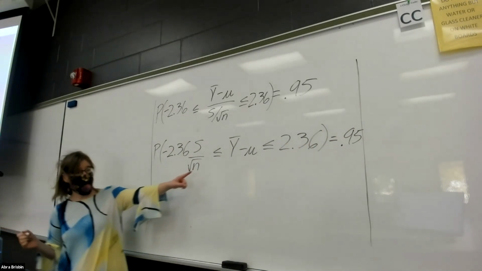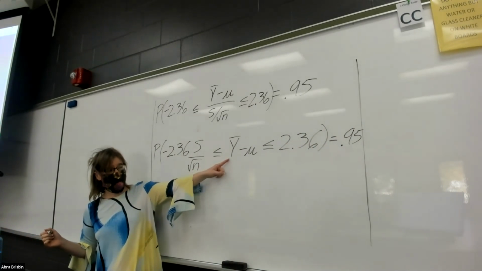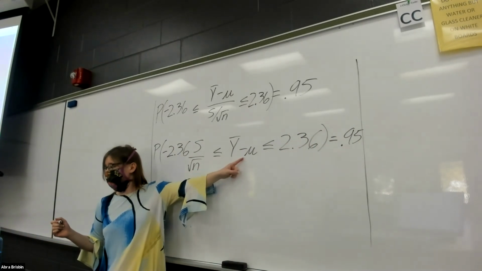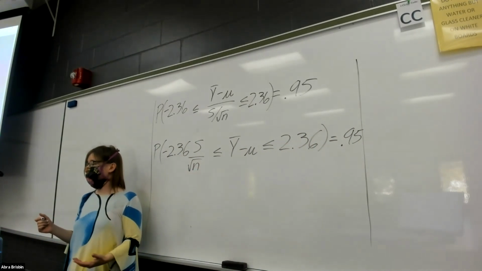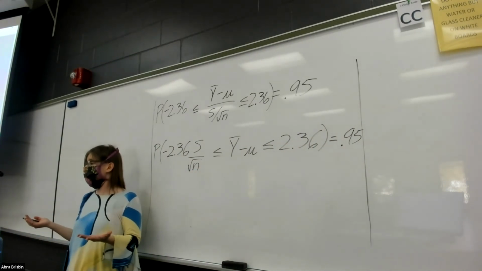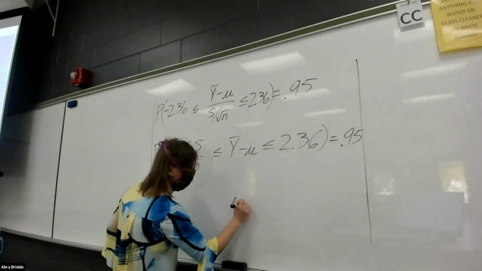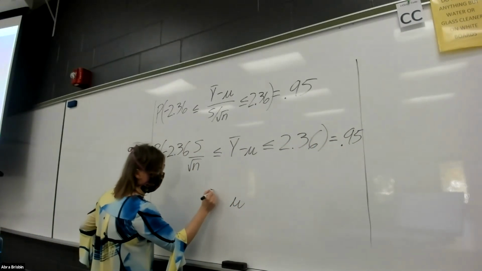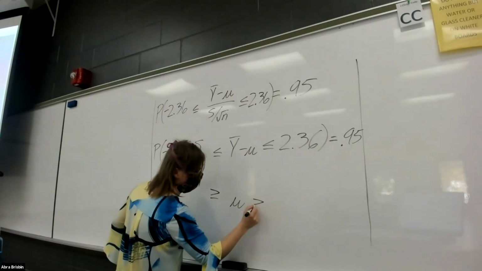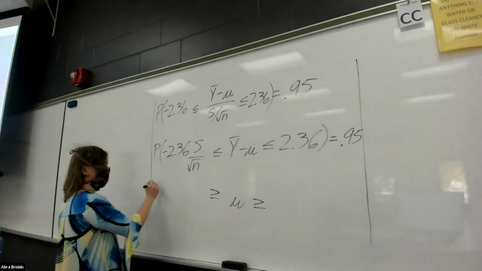And subtract y bar from everything. That'll leave us with negative mu in the middle. And then we can multiply everything by -1 to get just mu in the middle. And that has the effect of reversing the directions of the inequalities.